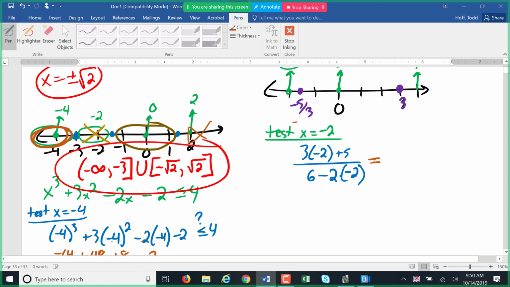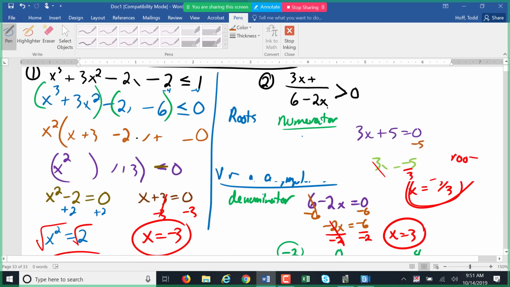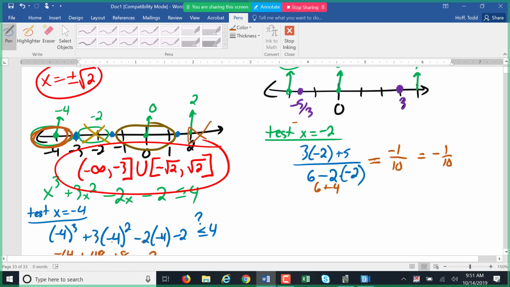Again, I'm going to take some shortcuts. 3 times -2 is -6, plus 5 is -1. -2 times -2 is a +4. 6 plus 4 is 10. So this is -1/10. I forgot to put in the inequality here. It's greater than 0. This -1/10 is not greater than 0, so that's not true. So that region is not a solution.